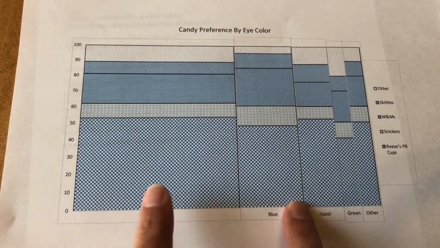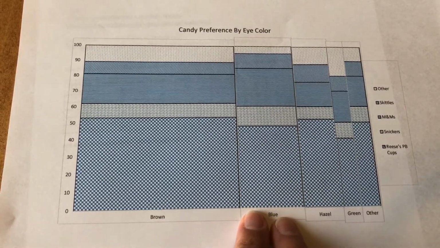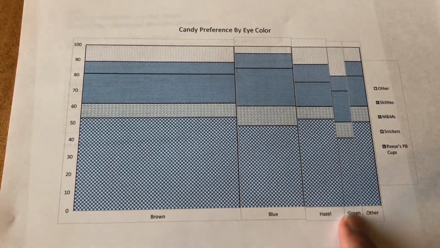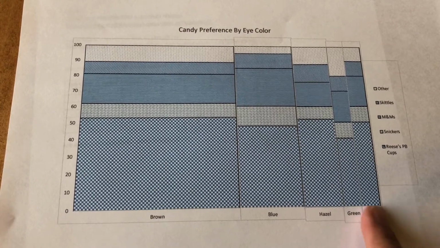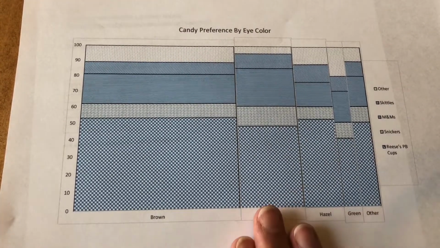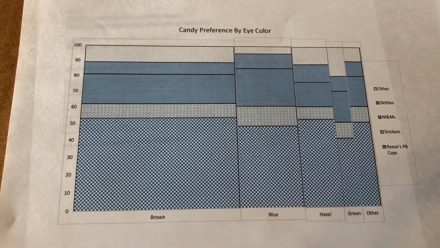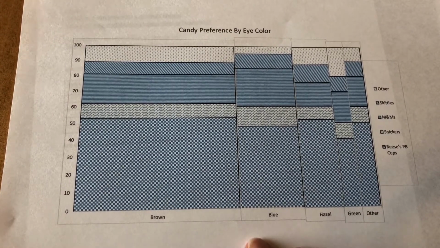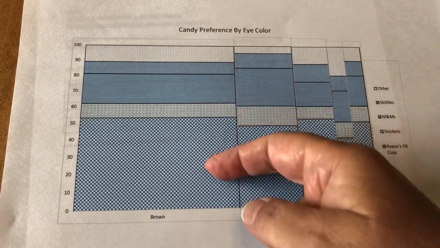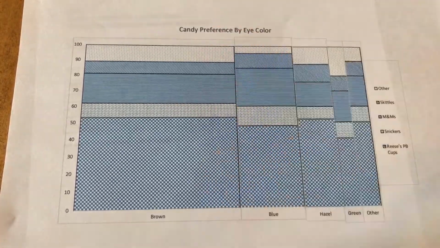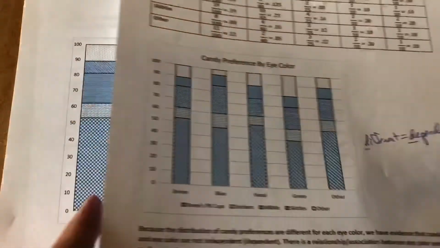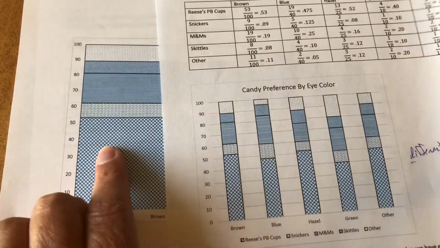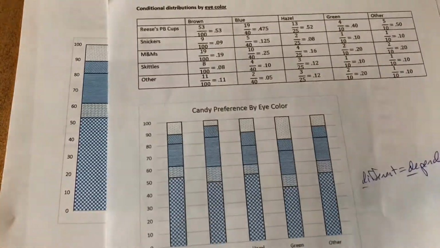This looks a little less than half of that, so, you know, a lot of blue-eyed people, but not as many brown. And then the green, the other, I know didn't have that many people, okay? So the mosaic just allows us to see the relationship between the number of observations in each category that you're grouping by, okay? But the widths of the segments should all be the same, okay? So these kind of go hand in hand with each other. This just tells you a little bit more, okay?